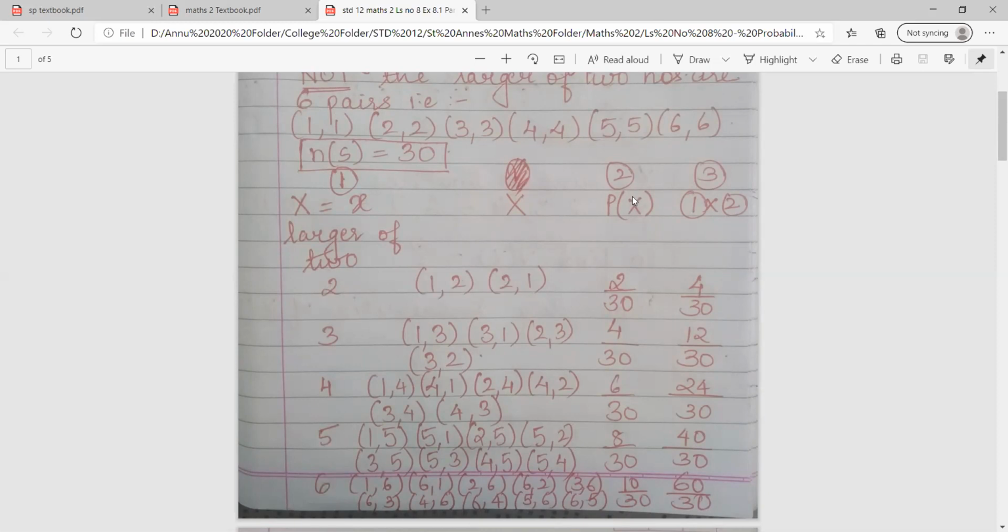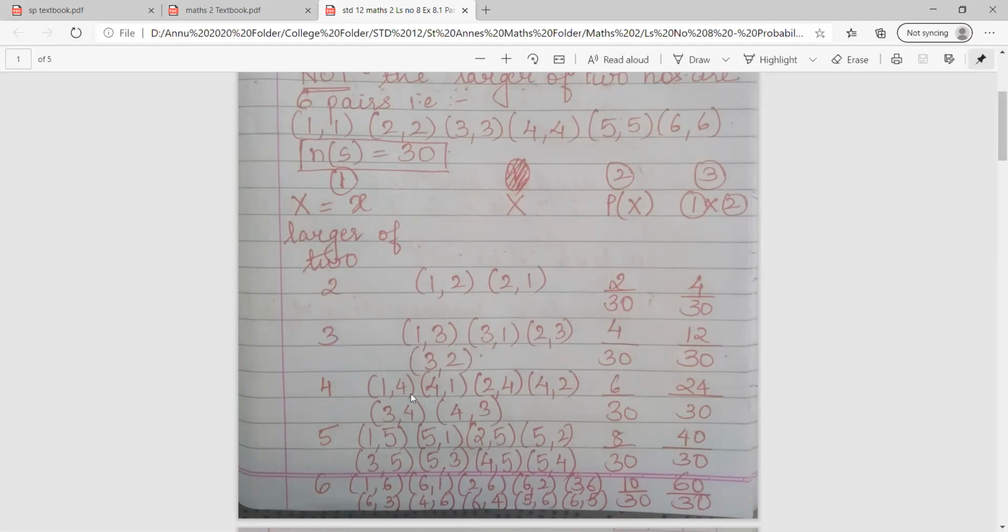The formula for probability is n of A upon n of S. So n of A is 2 and n of S, the new sample space, was 30. So 2 by 30. In a similar manner, for 3, you have the possibilities (1,3), (3,1), (2,3), (3,2). So the answer is 4 upon 30.